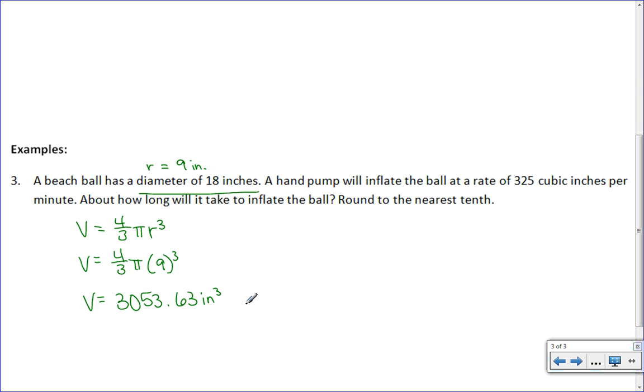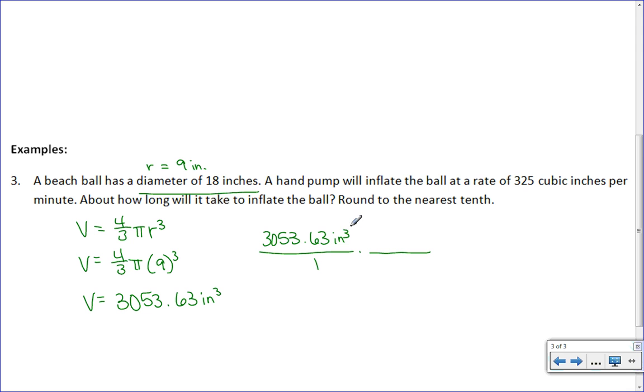Okay, and remember, way back, if you have trouble figuring out whether to multiply these or divide, you can always use dimensional analysis. So we have 3053.63 cubic inches, and always put that over 1. And then we have 325 cubic inches per minute.